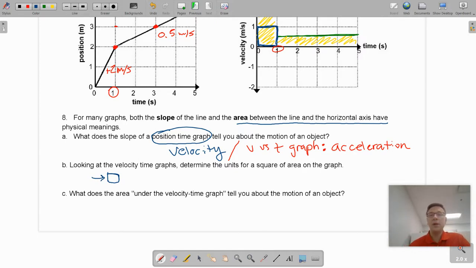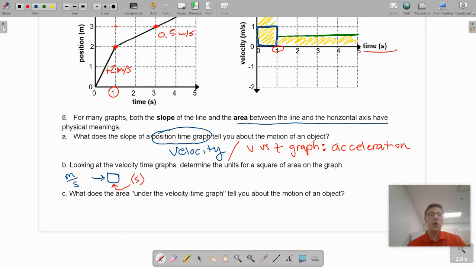If we're looking at the y-axis of this graph, it's meters over seconds. Now on the x-axis, we have units of seconds for time.